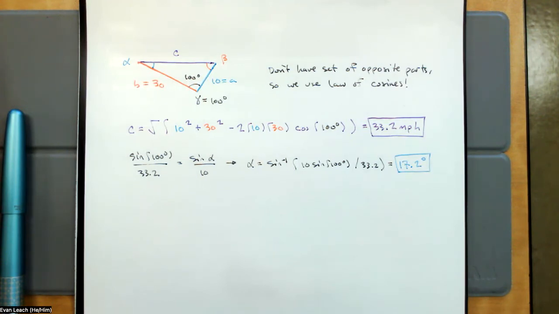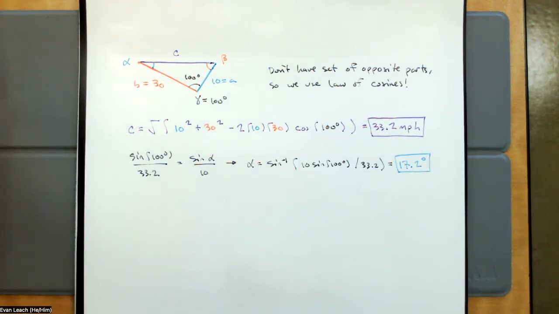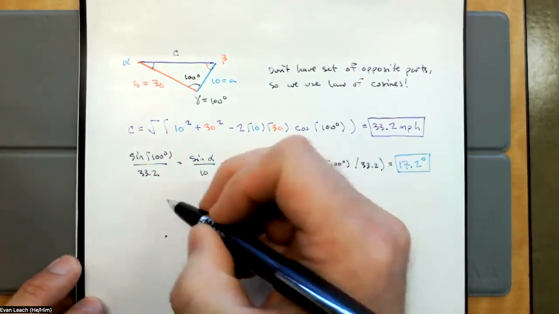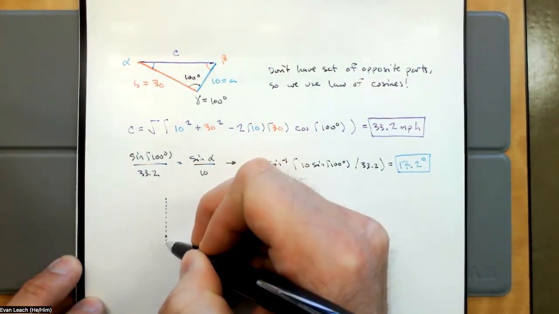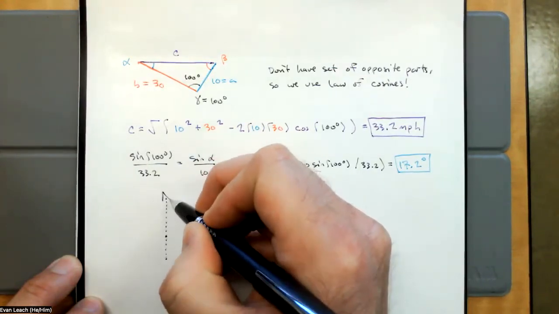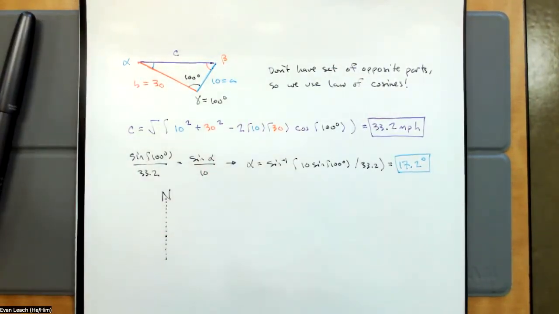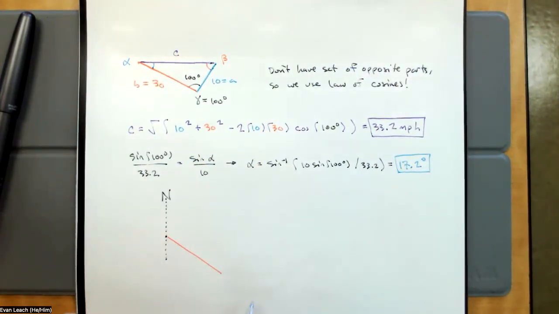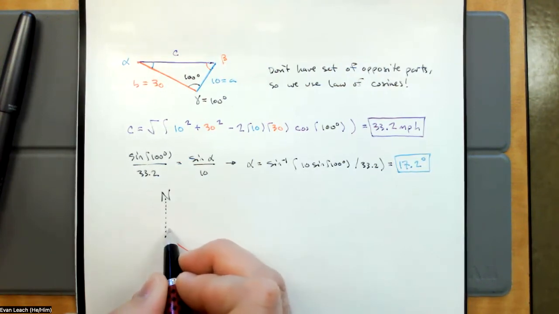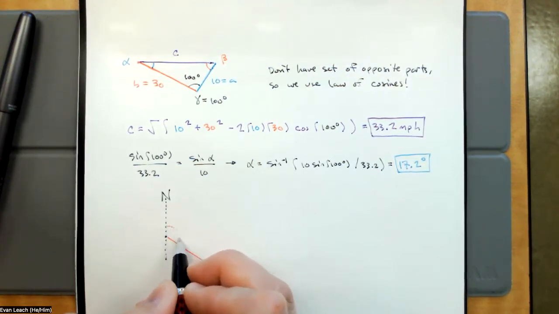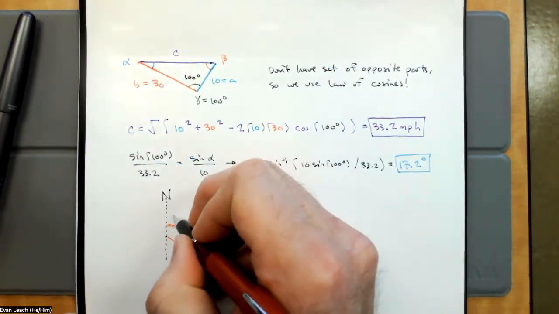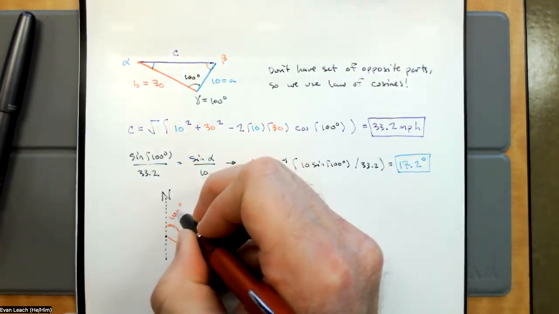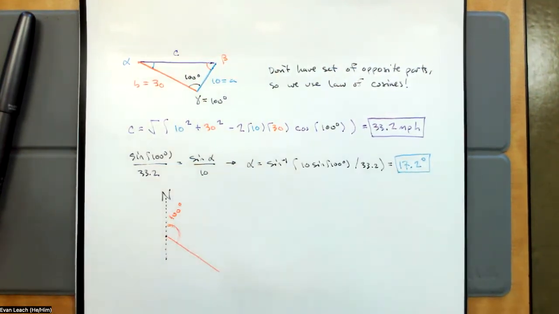We want to transfer this into a heading. So if we draw what's going on at the tail end of the boat, we know we've got the boat at 100 degrees east of north.